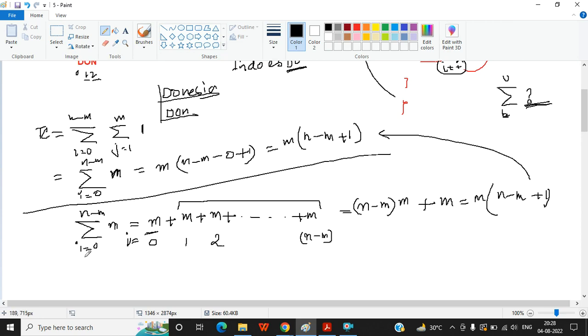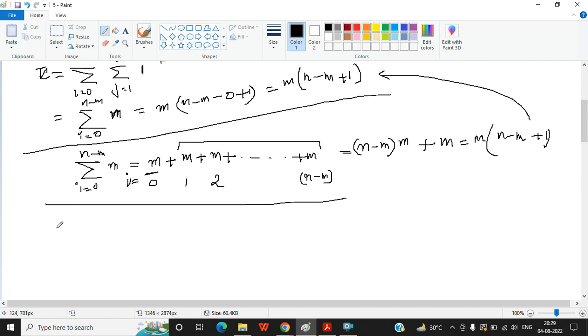Okay, so now see, what is your TC? TC is your m into n minus m plus 1. So if you multiply it, what we will get? mn minus m square plus m.